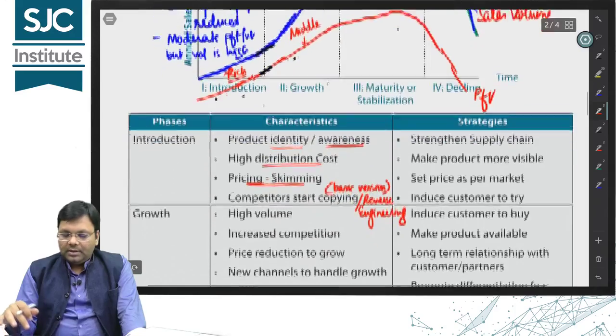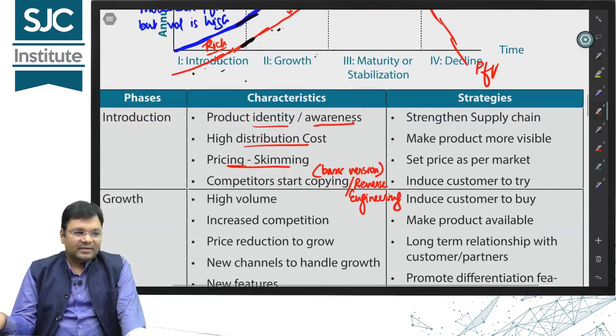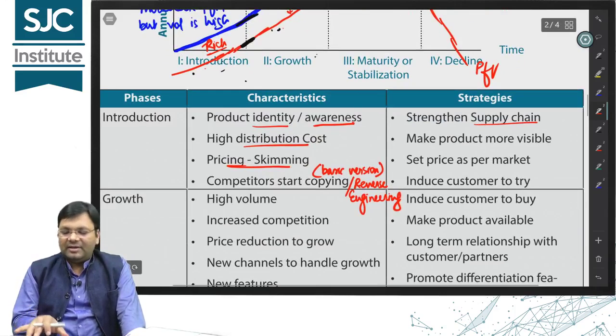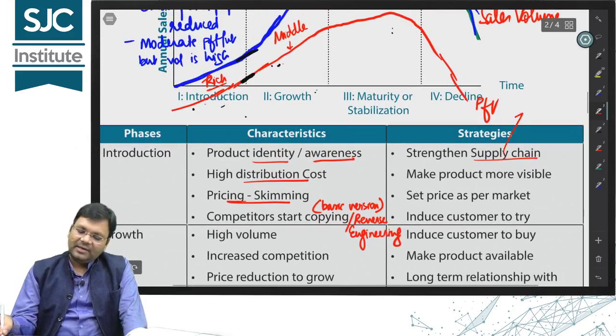So anyways, what are the strategies in the introduction phase? You should strengthen your supply chain. What is supply chain? We have a separate chapter on this, but for a short discussion, supply chain is basically your network of companies covering suppliers to customers.